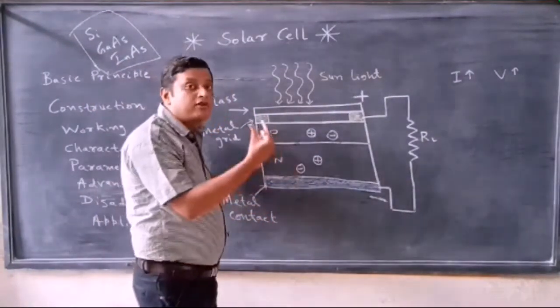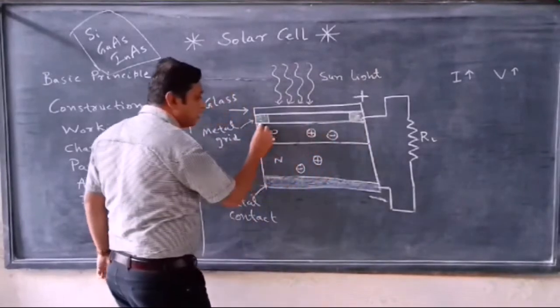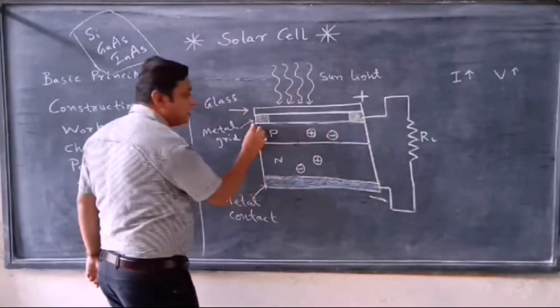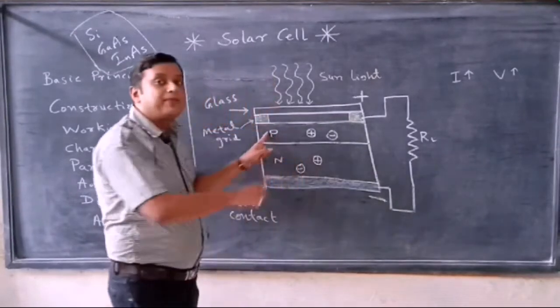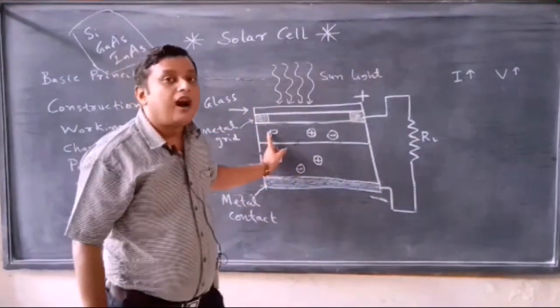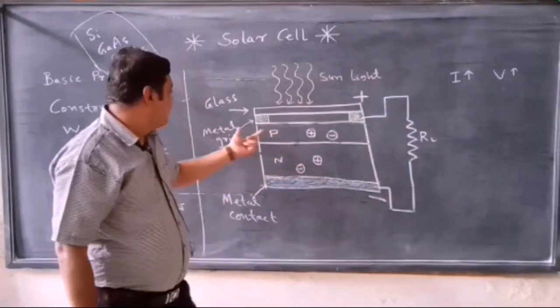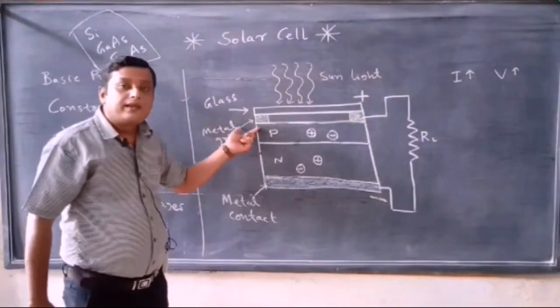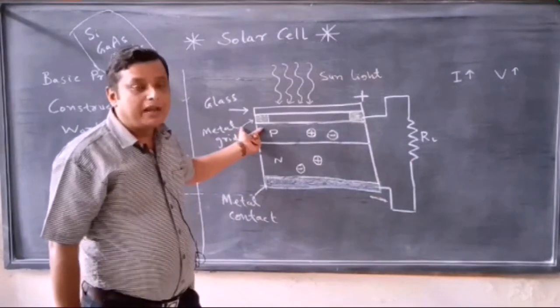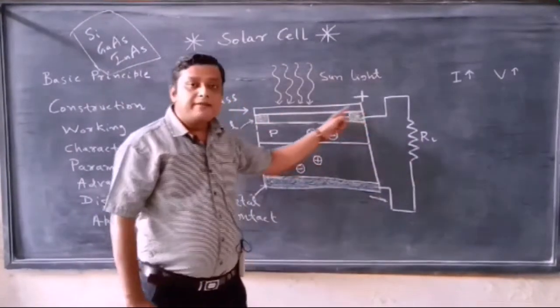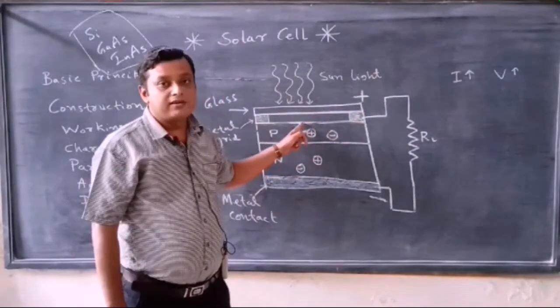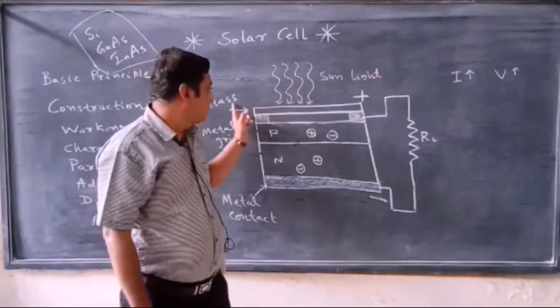Further, the top portion of the p-type semiconductor of the solar cell is in contact with a metal grid. And the metal grid is also covered by glass.